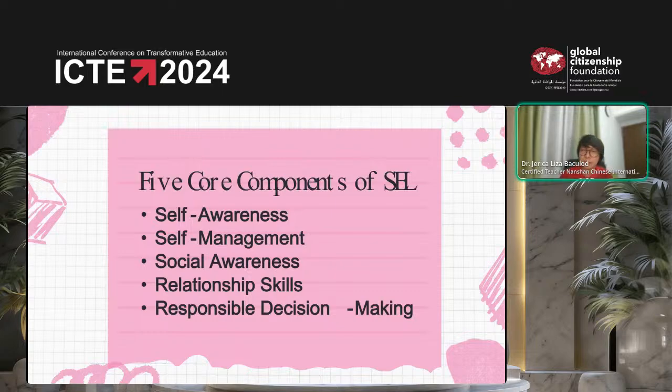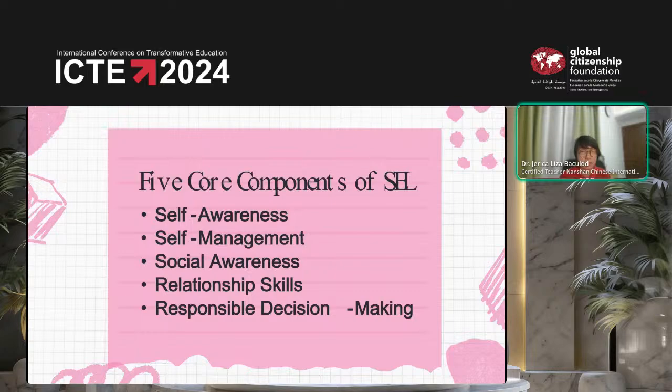Maybe in our classrooms, we try to make sure that our students know themselves, are aware of their strengths and weaknesses, and are really aware of their feelings. Sometimes teachers really need to check on students, what they're feeling and how they're doing, let's say at the beginning of the day.